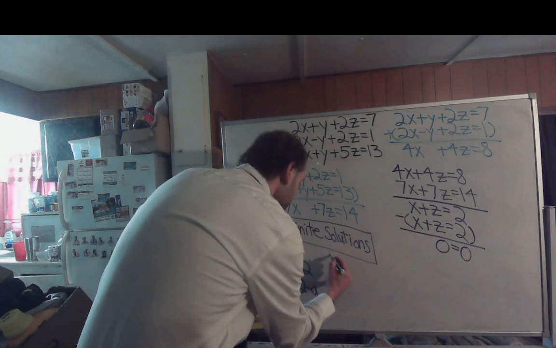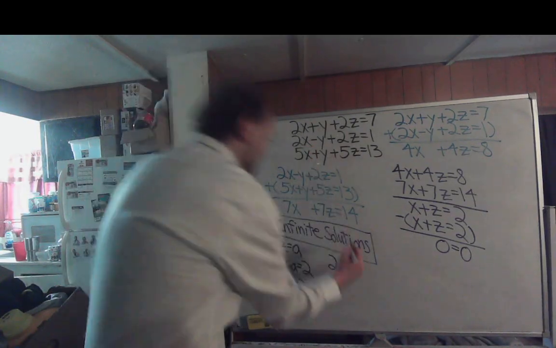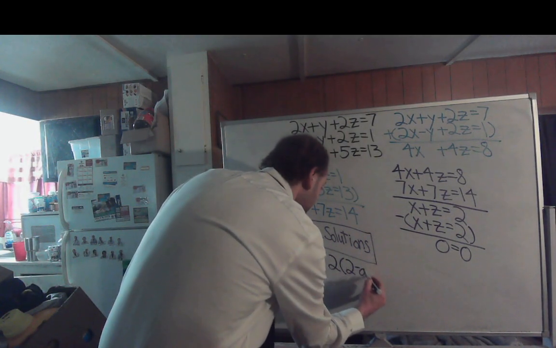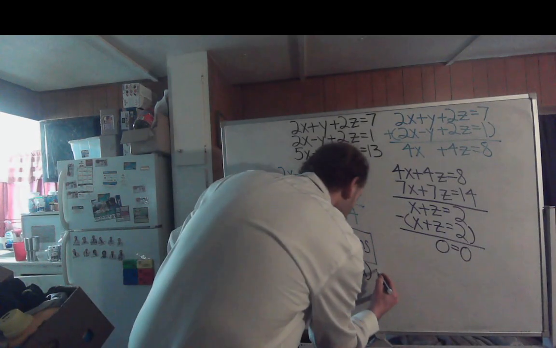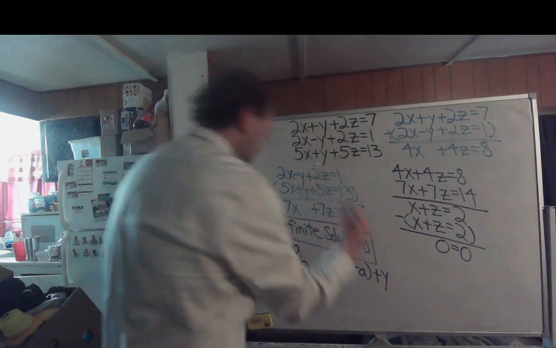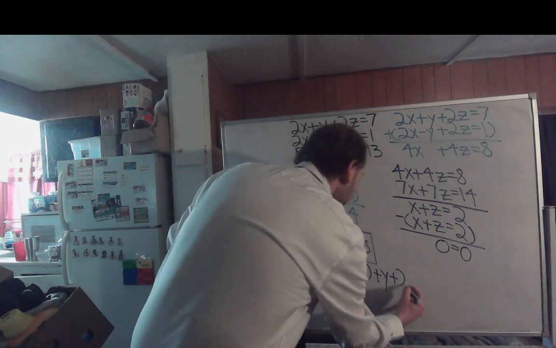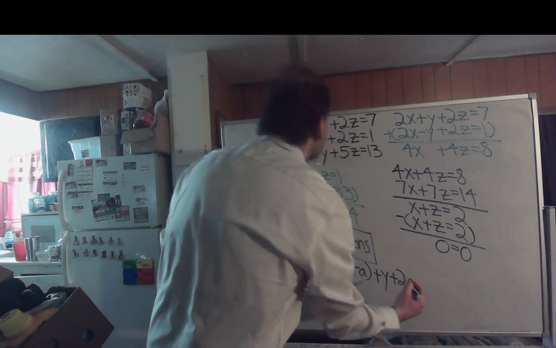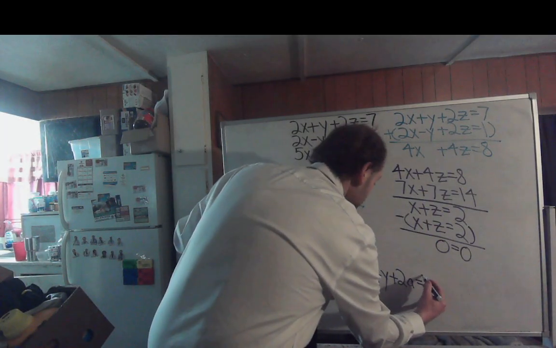So take 2 times that 2 minus a, plus y, because we don't know y yet, plus 2a, set that equal to 7.